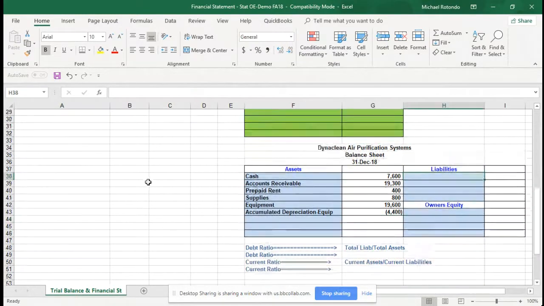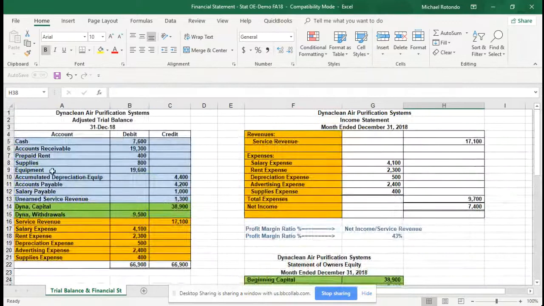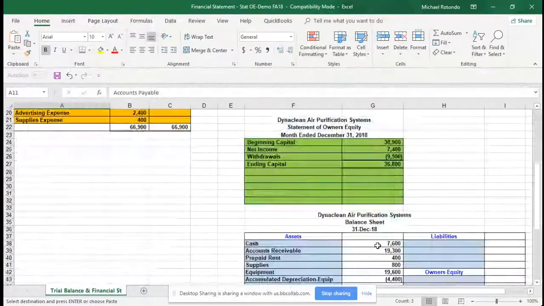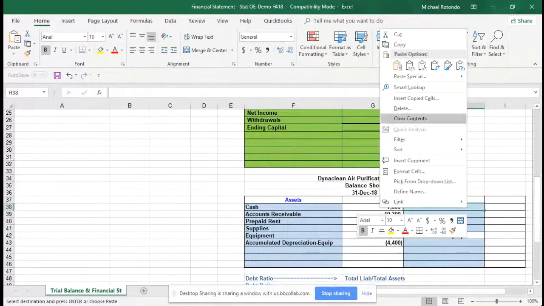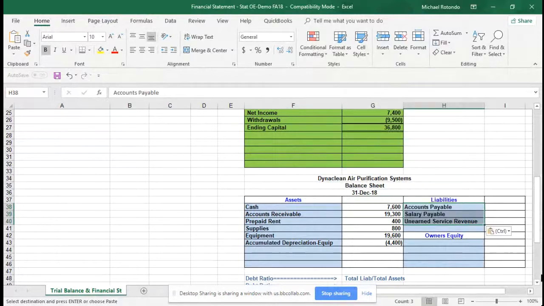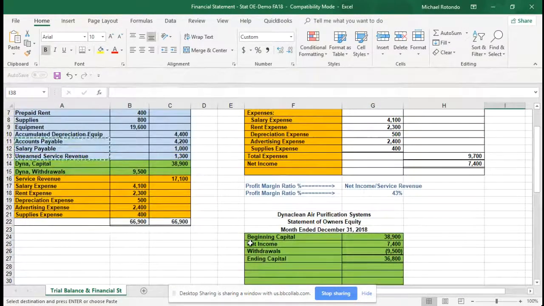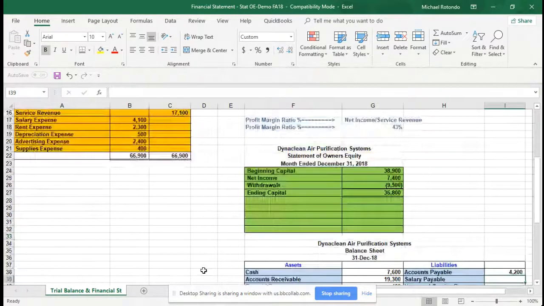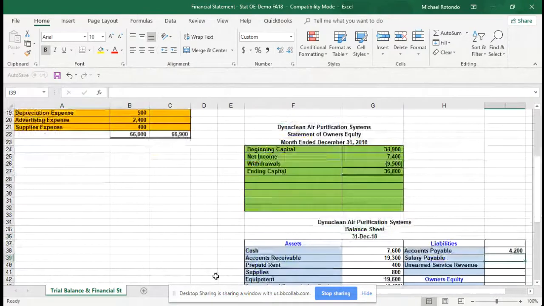So let's get our liabilities now. And that would be the accounts payable, salary payable, and unearned service revenue. So we bring our liabilities down. And our liabilities include accounts payable of $4,200. Our salary payable of $1,000.